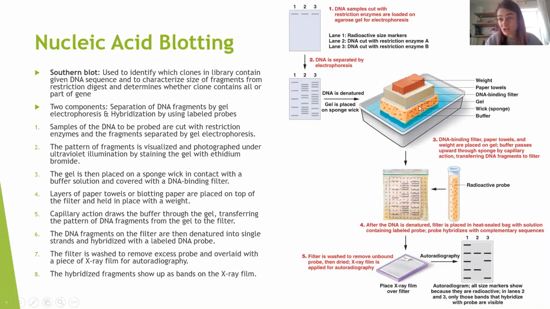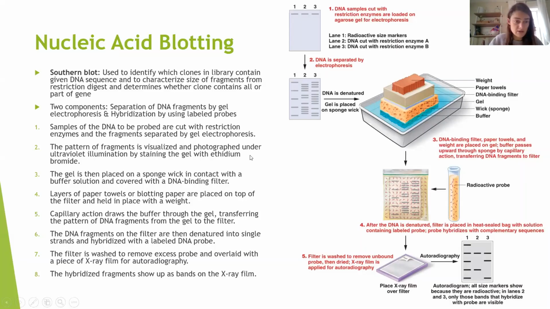Essentially, we're trying to move the DNA from the gel to this filter, right? And then on top of it, you have a weight. What occurs is that through capillary action, the buffer rises through the sponge. It goes through the gel, and as it goes through the gel, it picks up the DNA and attaches it to the DNA binding filter found right on top of the gel.